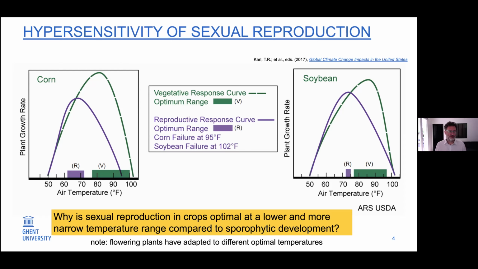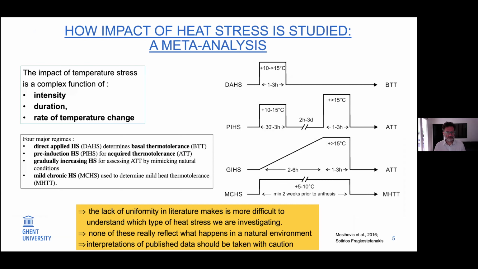It's also a few degrees lower than what you have for vegetative production. So this is a common phenomenon. It's entirely unclear for the moment why plants would have a higher sensitivity during reproduction compared to vegetative production. So this is the question of today. Why is this happening? And perhaps can we also do something about it?